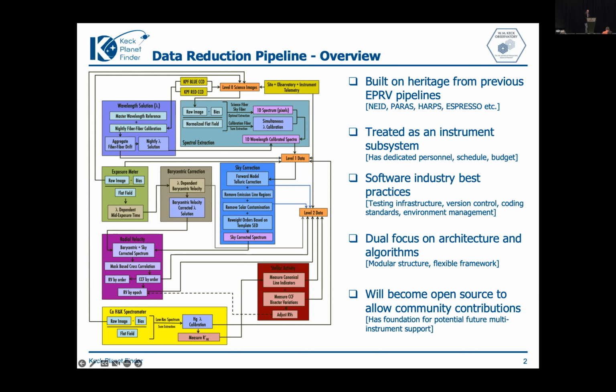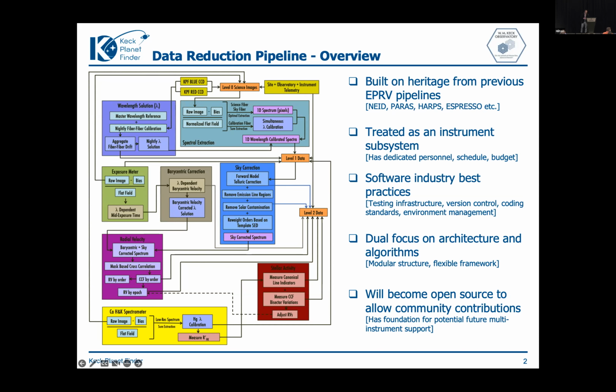We also do sky correction, where we measure the sky in the sky fiber and subtract that from the data. And then once we have this one-dimensional spectrum, we combine that with a cross-correlation mask, where we've defined the lines in the spectra that we want to actually calculate the radial velocity from, calculate those cross-correlation functions, and then use fitting to find the peaks of those Gaussian-looking CCFs.